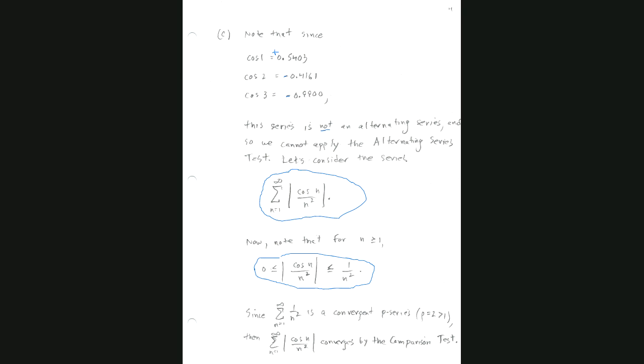So since the series where n equals 1 to infinity of 1 over n squared is a convergent p series, because p equals 2, which is greater than 1, this means that the series n equals 1 to infinity of the absolute value of cosine of n over n squared would also converge by the comparison test.